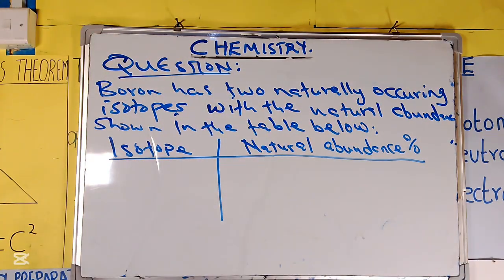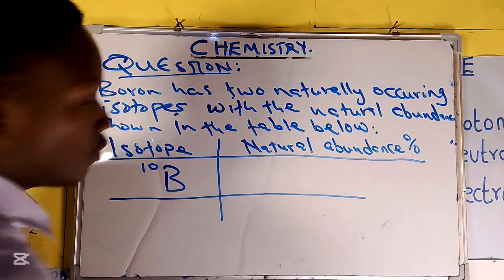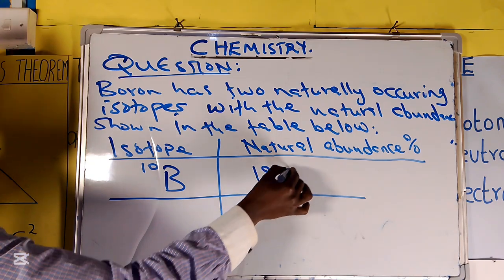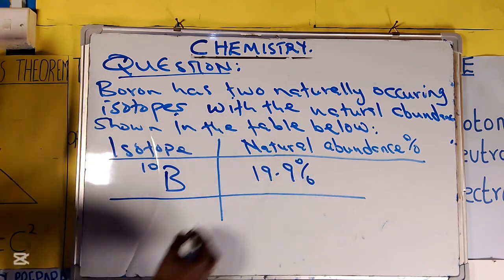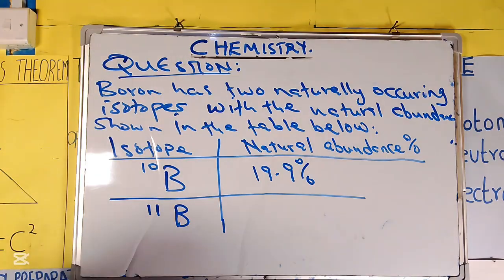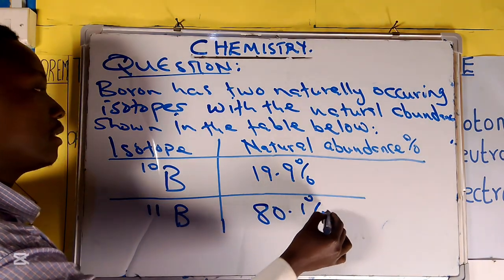The first one, we have boron with a mass of 10, whose percentage is 19.9%. Then we have boron 11 with 80.1%.